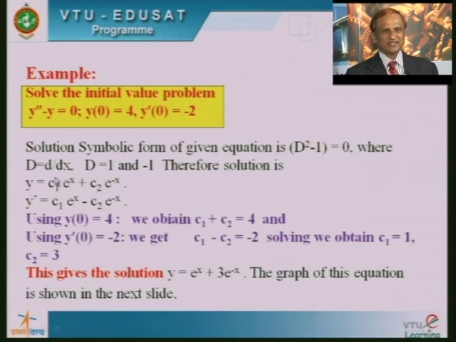Then I can replace C1 by its value and C2 by its value. What is the value of C1? C1 is 1, and what is the value of C2? C2 is 3. It means we can obtain a particular solution, y is equal to e to the power x plus 3 times e to the power minus x.